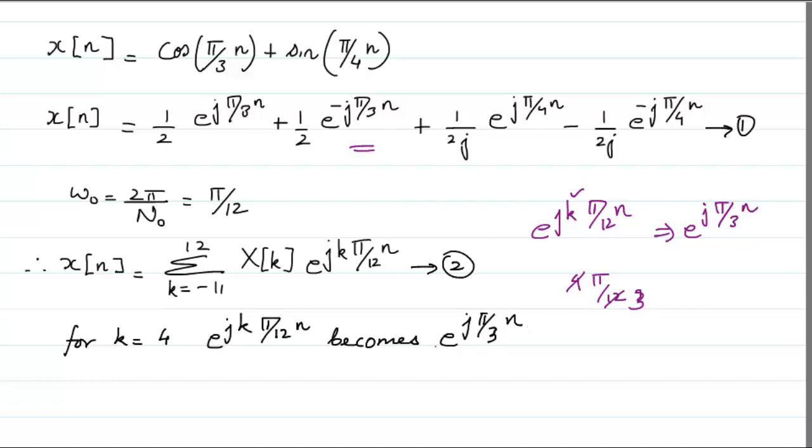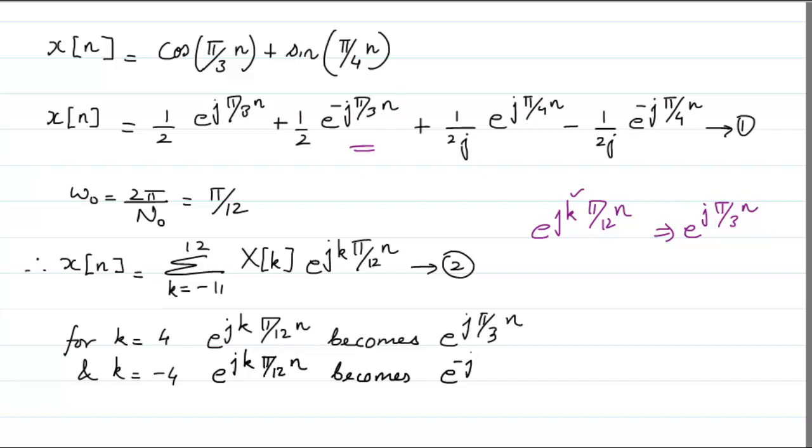Correct? Similarly, for k is equal to minus 4, the equation e raised to power j k pi by 12 n becomes e raised to power minus j pi by 3 n.